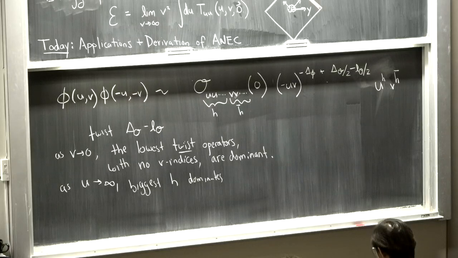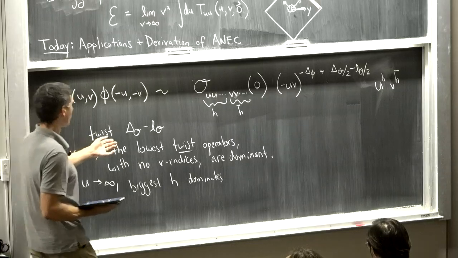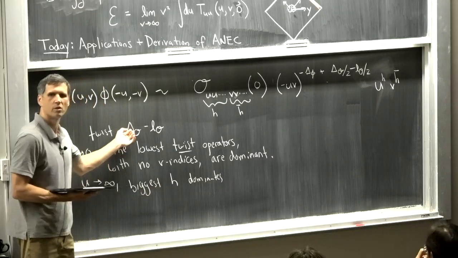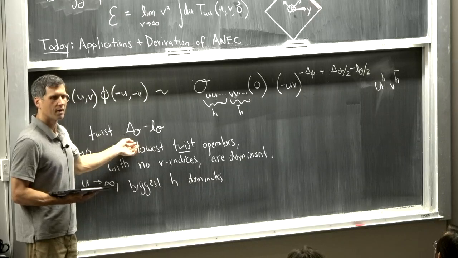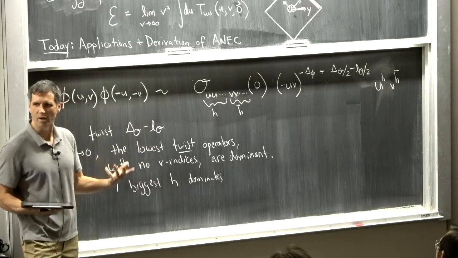Okay, so first of all, the operators of lowest twist are conserved currents. Any conserved current in d dimensions has twist d minus 2.